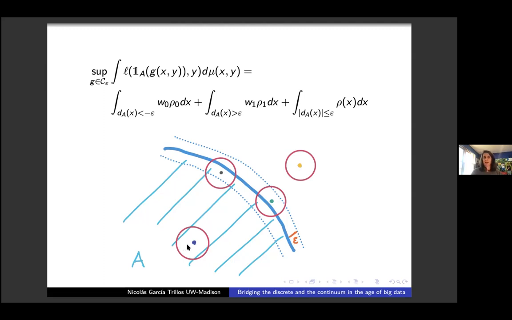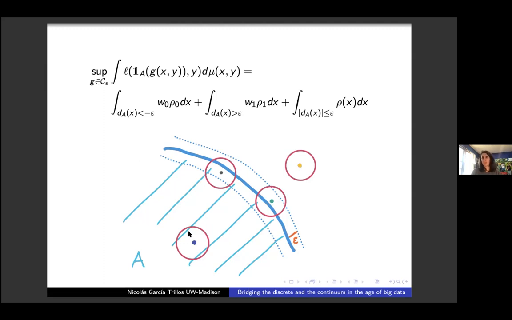If I have a point like this one, you wonder: will I be able to change the outcome of the classification rule if I change the location of the point x within the ball of radius epsilon? The answer is no, because the ball of radius epsilon around that point is completely contained inside the set A. So regardless of what you do, you will always end up in a point that is classified as a 1.